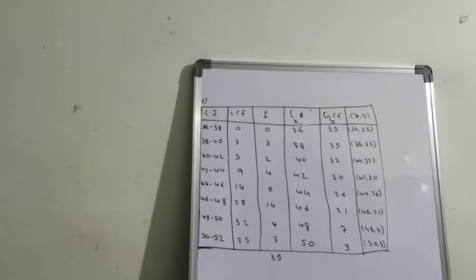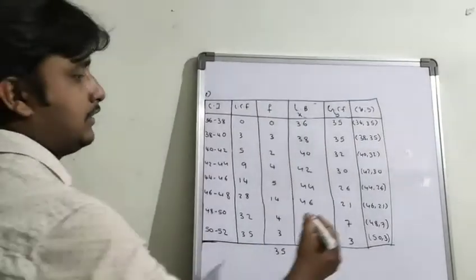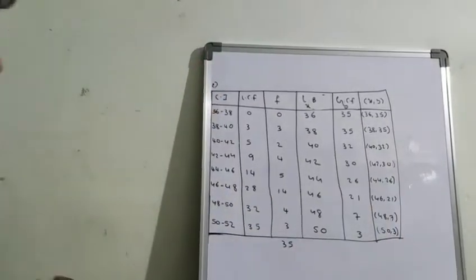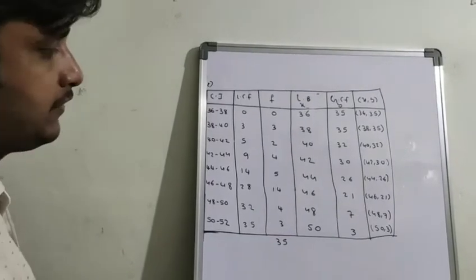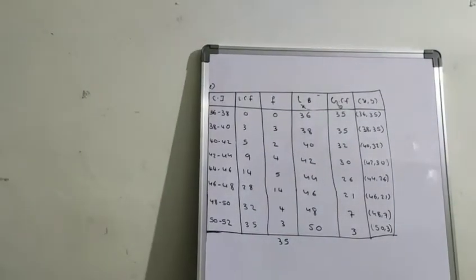Again, 36 comma 35, 38 comma 35, 40 comma 32, 42 comma 30. Yes, we have to close here. And 44 comma 26, 46 comma 21, 48 comma 7, and 50 comma 3.